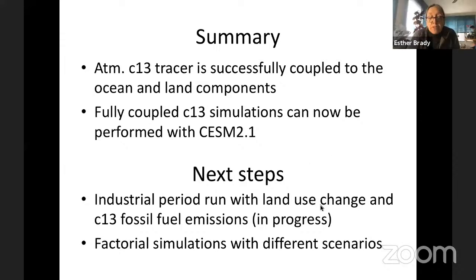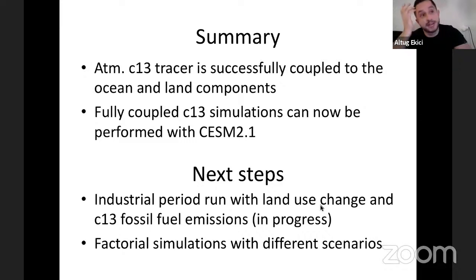I have a question about how expensive this run is to produce. Is it a lot more tracers, especially with the ocean? Technically, we are running it here at Cheyenne with the supercomputing center. I am using 60 nodes.